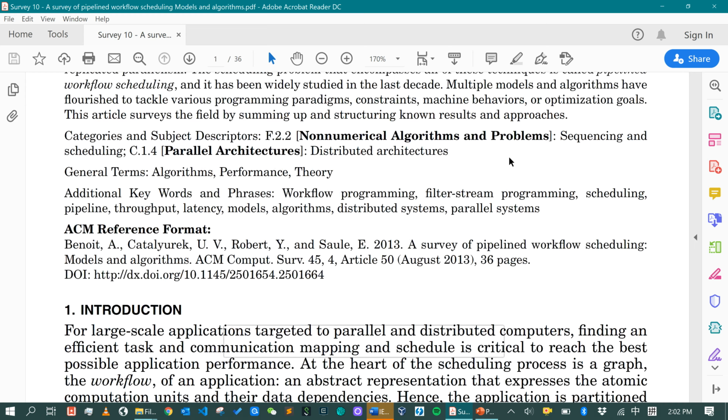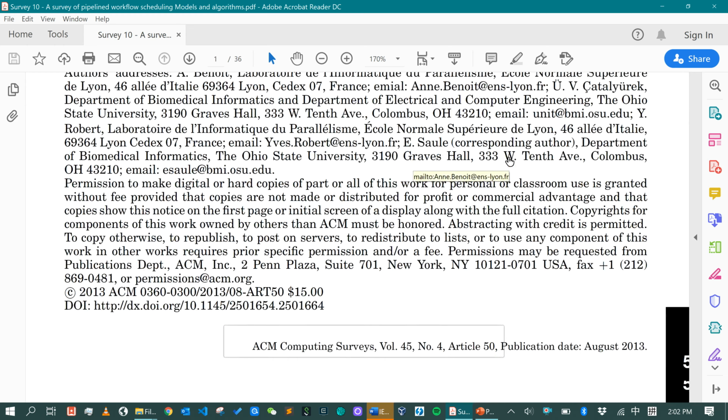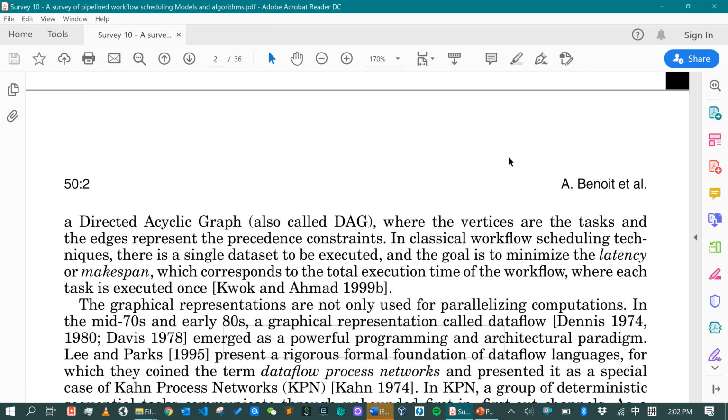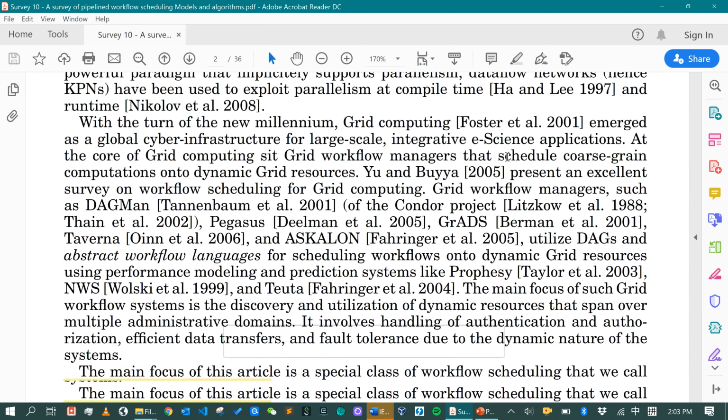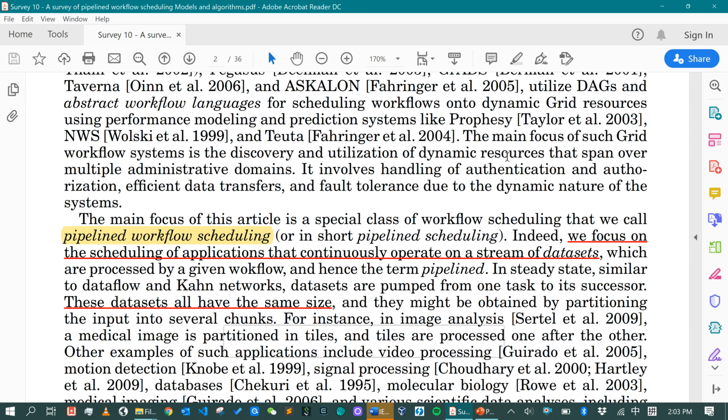You can see the paper is well structured. Overall, I think it's a very good paper for people who want to learn about grid computing as well as pipeline workflow scheduling. The author gives a definition of pipeline workflow scheduling, which mainly focuses on scheduling applications that continuously operate on a stream of data sets.